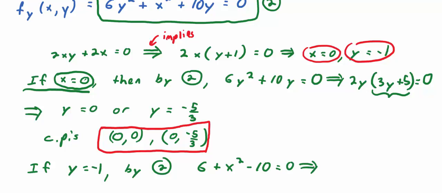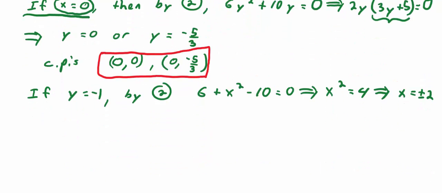That equation implies that x squared is equal to 4, or that x is equal to plus or minus 2. Take the square root of both sides, don't forget the plus or minus. So that gives us 2 more critical points: (-2, -1) and (2, -1).